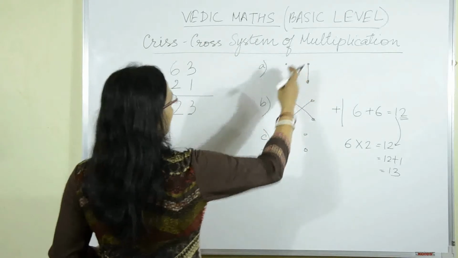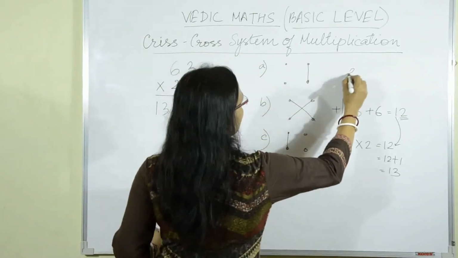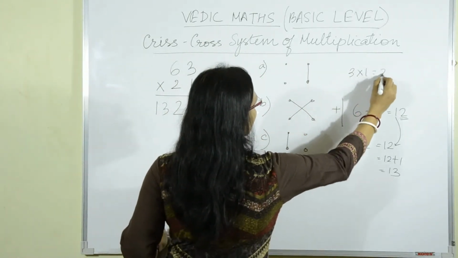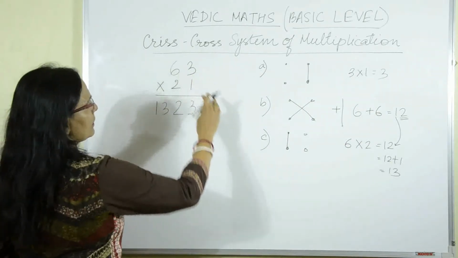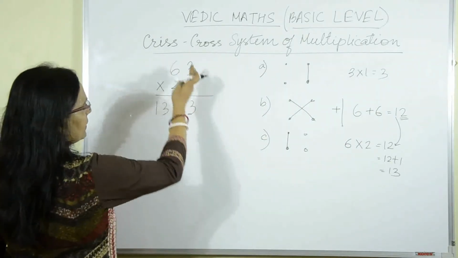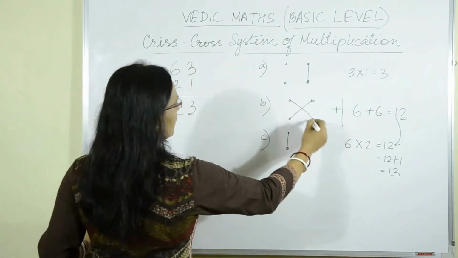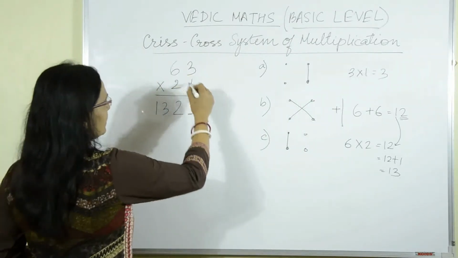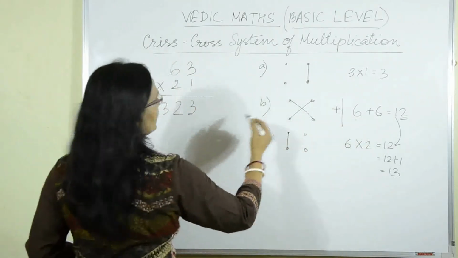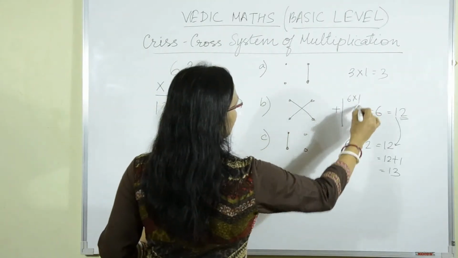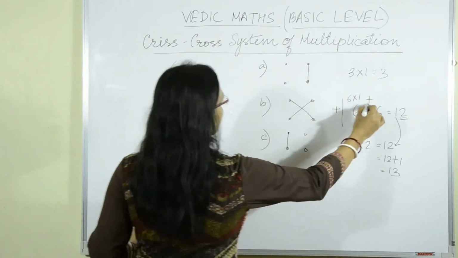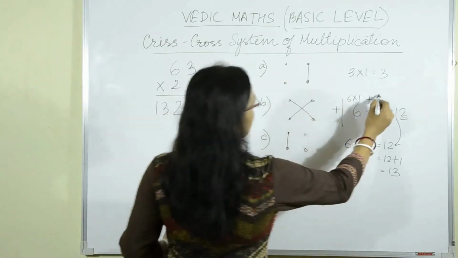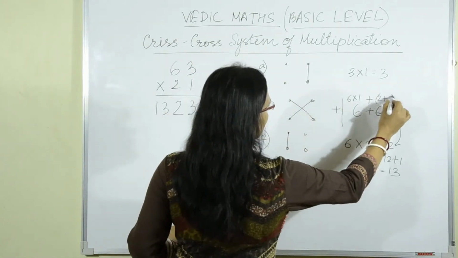In the first step, what have we done? If these are the 4 numbers, I multiplied 3 into 1, that is 3. In the second step, I did cross. I multiplied it crossly and then I have added. Here it is 6 into 1, that is 6, plus 2 into 3, that is also 6.